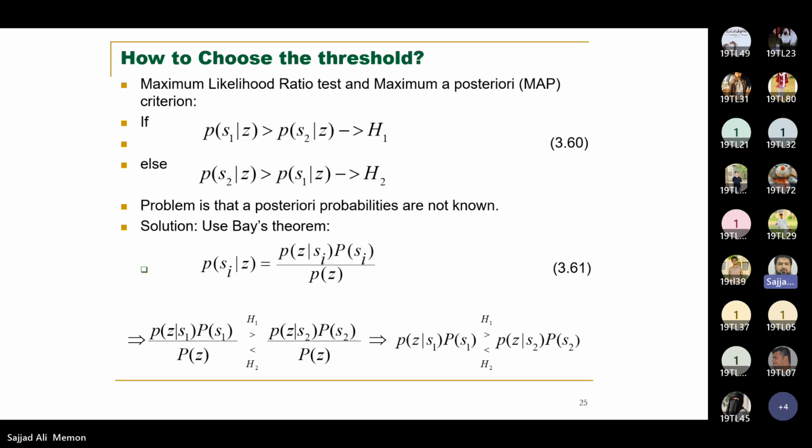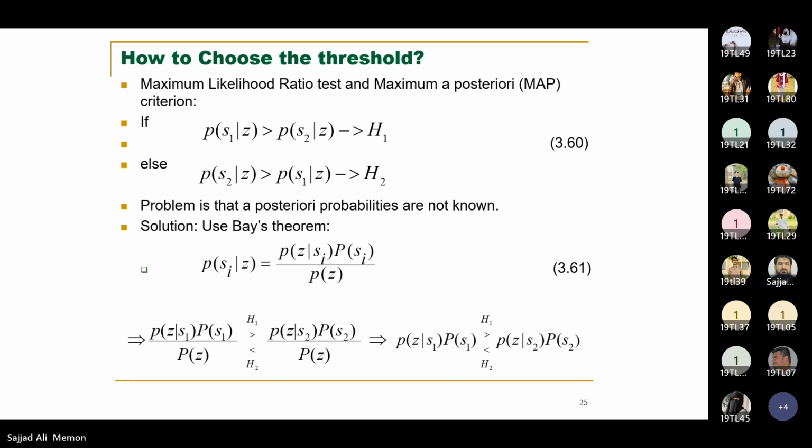Now, if we replace the two probabilities with this Bayes theorem expression, it will look like this. The probability of S1 is here and the probability of S2. These probabilities we are determining through Bayes theorem. So this is the probability of having S1 in Z and the probability of having S2 in Z, and the two hypotheses are given, H1 and H2.